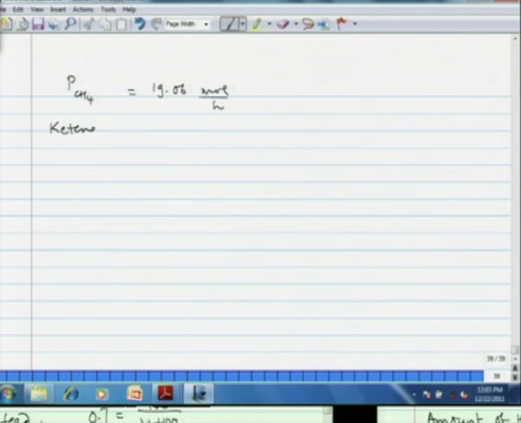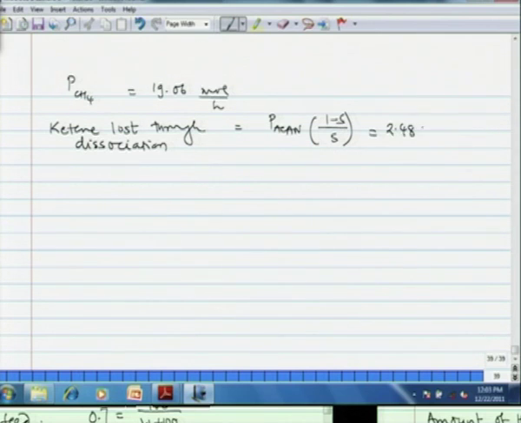The ketene that is lost through dissociation to carbon monoxide and ethylene will be obviously PACN, the production rate of acetic anhydride, into 1 minus S divided by S, okay, that is 2.48 mole per hour.